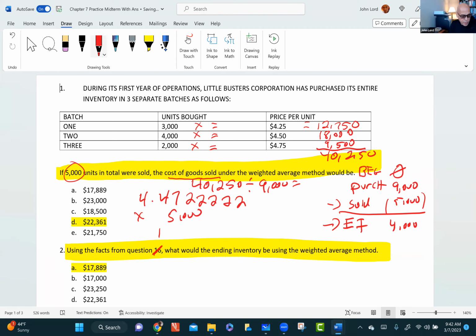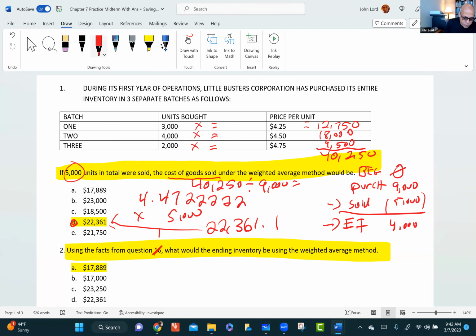And when I multiply that by 5,000, I get something like 22,361.1, which should be rounded to, obviously, this is the correct number here. Guys, I'm not going to be testing your rounding by having numbers within pennies of each other. I don't do that. It's going to be clear that with or without proper rounding, which is the correct answer.